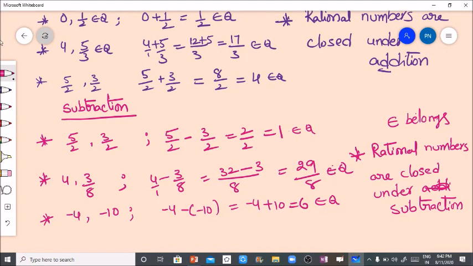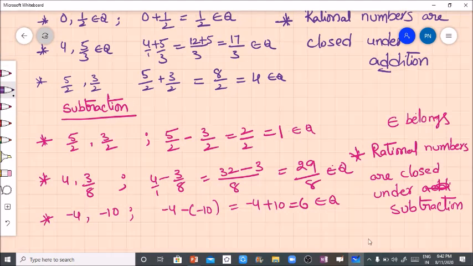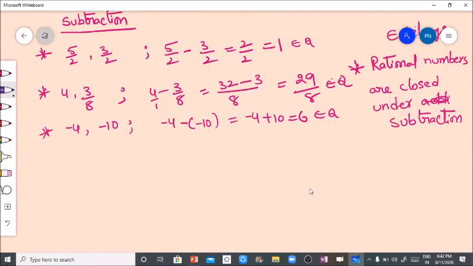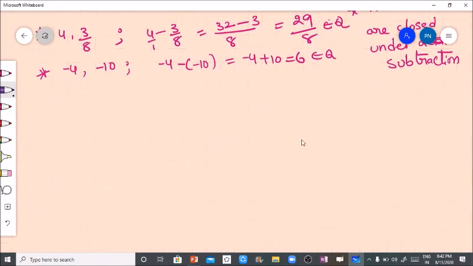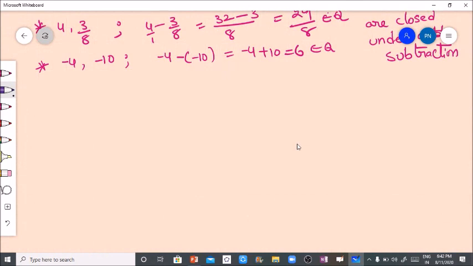And the next basic operation is multiplication. Now I am going to take multiplication, children. I am taking two rational numbers, 2 and 5 by 3. These two are rational numbers.